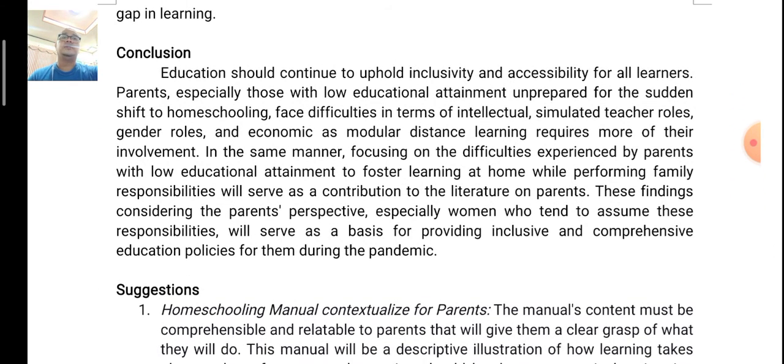Conclusion. I'll make it very clear. A conclusion is just one paragraph or two short paragraphs. It is not lengthy. What is in a conclusion?